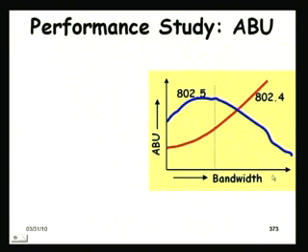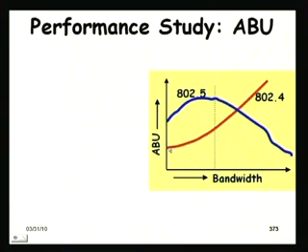As the bandwidth of the network increases, the absolute breakdown utilization increases. Does it agree with your intuition that as you keep on increasing the network bandwidth, then the average breakdown utilization for that network increases?